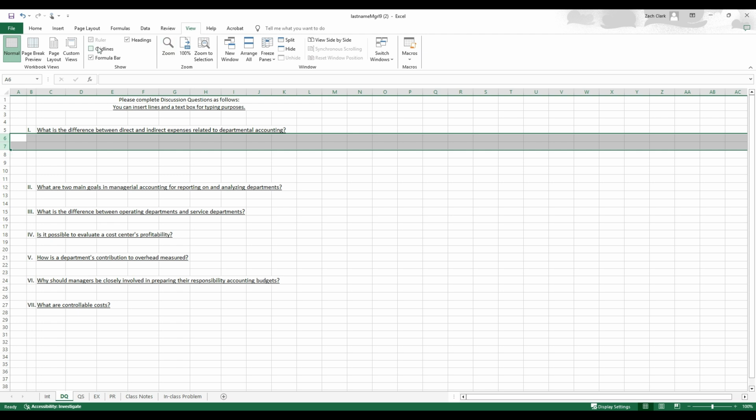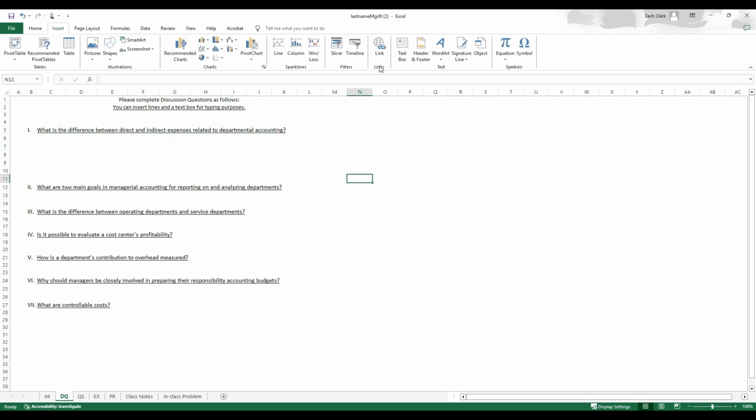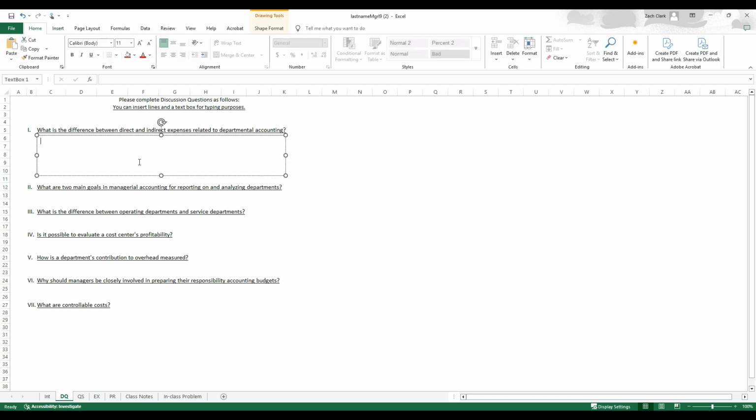Okay, so I'm going to give myself a little space here. Insert a text box. And the first question asks us, what is the difference between direct and indirect expenses related to departmental accounting? And when we're talking about indirect and direct, it's sort of similar to the concept of overhead expenses, but a little bit different in terms of we're specifically talking about departments at this point, essentially.